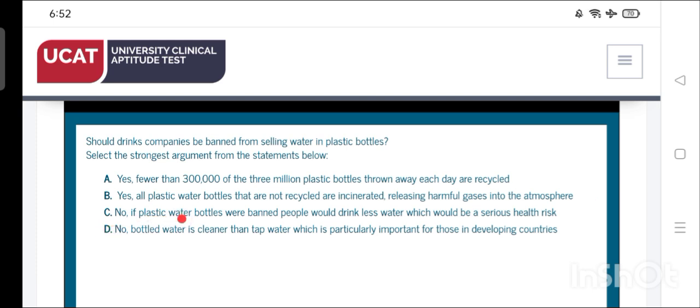Option C: no. If plastic water bottles were banned, people would drink less water, which would be a serious health risk. Option D: no, bottled water is cleaner than tap water, which is particularly important for those in developing countries.